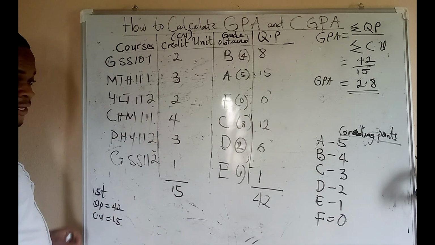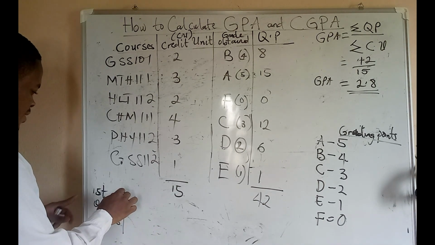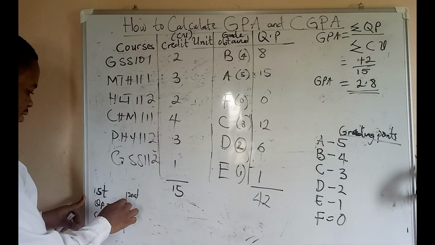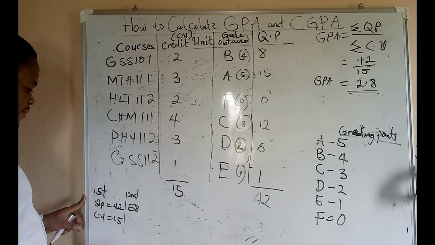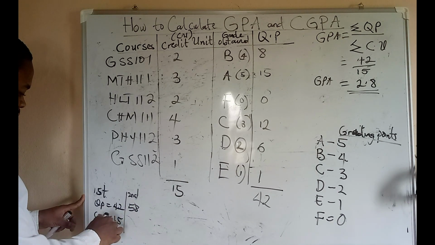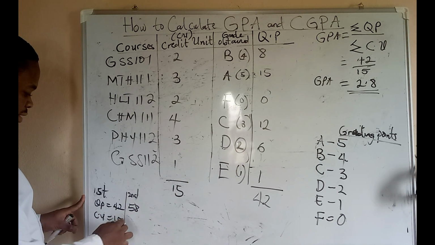This is for the first semester. And for the second semester, the quality point is, let's say, 58, and the CU is 16.